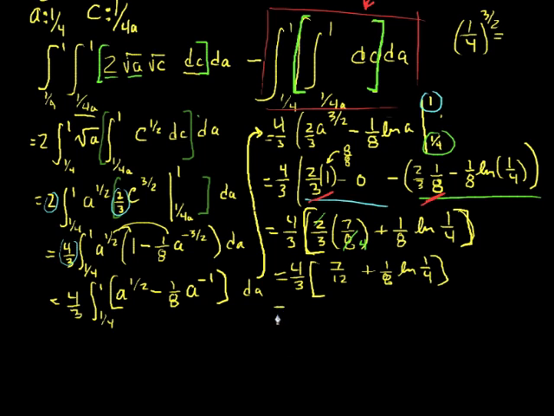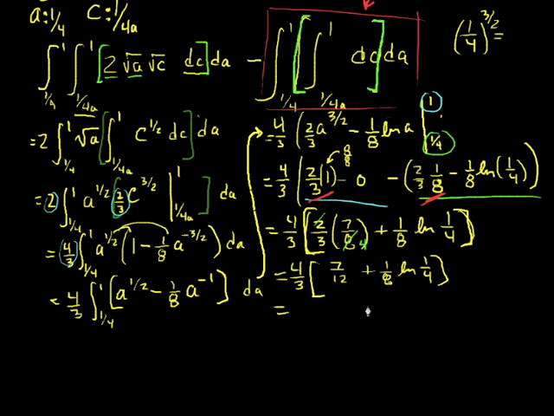At this point, we can go to our calculators. The natural log of a quarter is negative 1.386, divided by 8 is negative 0.173.